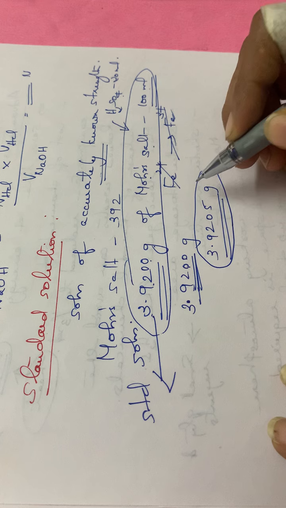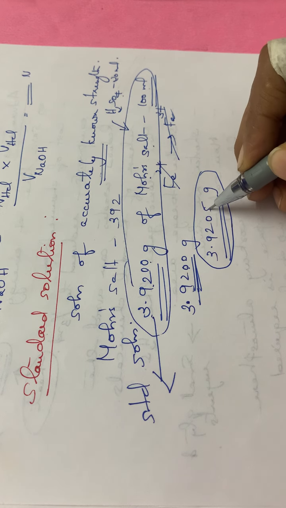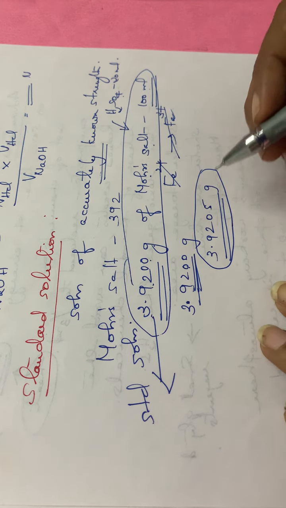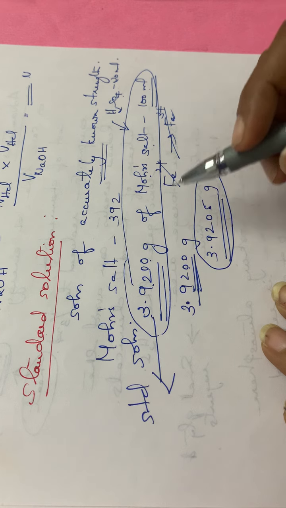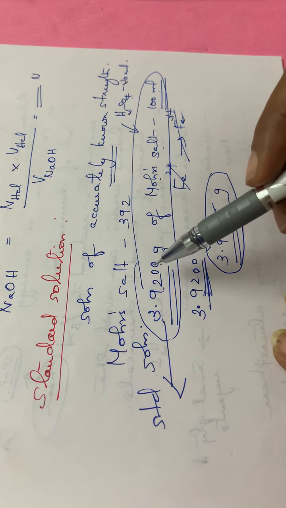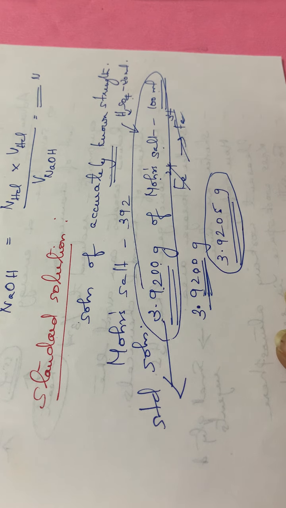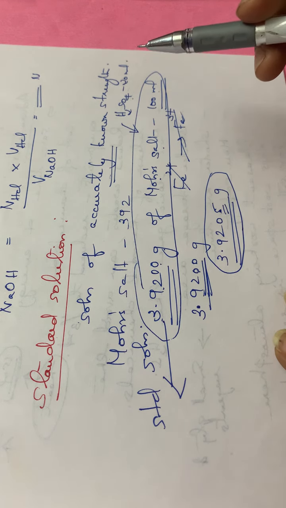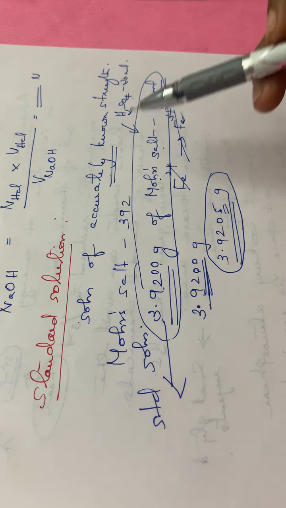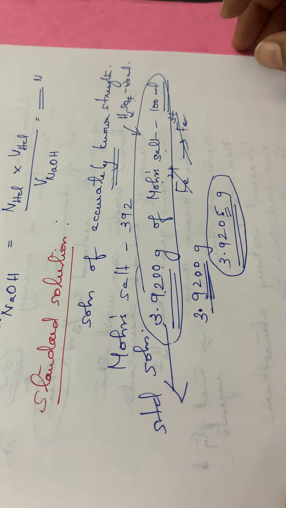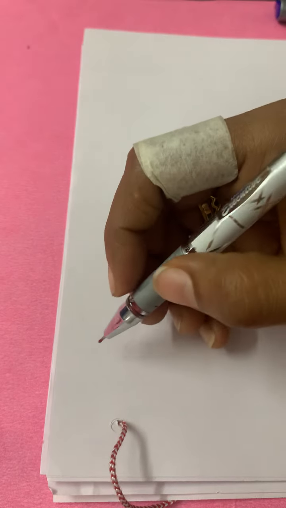That is the accurate weight, with decimals written up to 4 places. By taking such an accurate weight, we can call the solution a standard solution, a solution of accurately known strength. Then the next term is the primary standard.